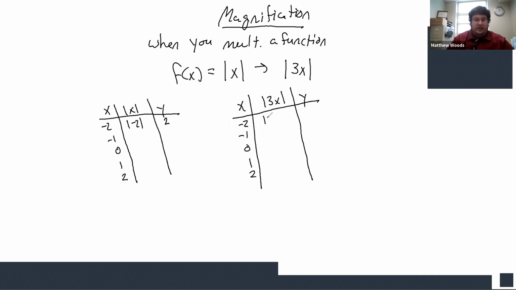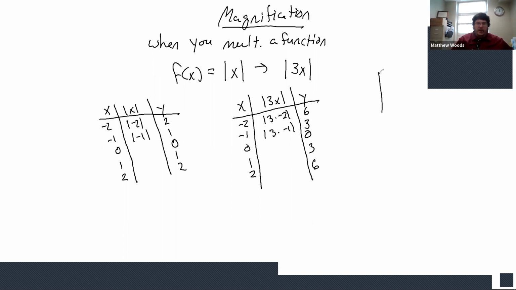Now the absolute value of 3 times -2 is 6. Absolute value of -1 times 3 is 3. Here I got 1. I get 0 for both of these. 1, 2. Over here, 3 times 1 is 3. 3 times 2 is 6. So this one's happening much faster.